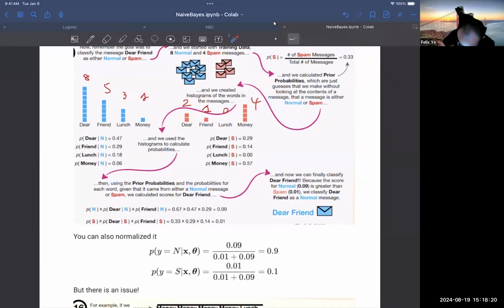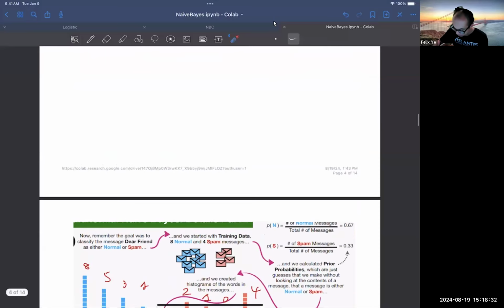For example, the probability of "dear" given normal is 0.47, and the second one is 0.28. My prior here is 8/12 and 4/12, so the probability of being normal is 0.67 and the probability of being spam is 0.33.